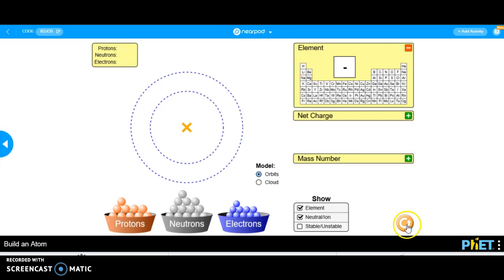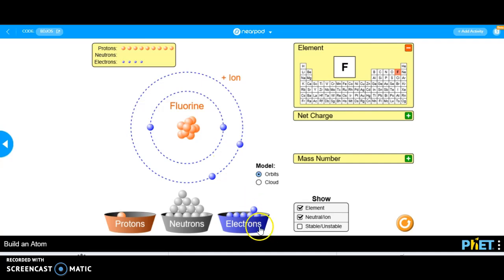Now let's try putting a random number of protons and neutrons into the atom to see what kind of element we can receive. So let's put 9 protons in the nucleus of the atom. And since we have 9 protons in the nucleus, we need 9 electrons on the orbital of the atom.